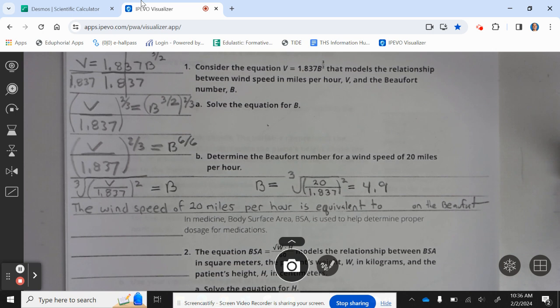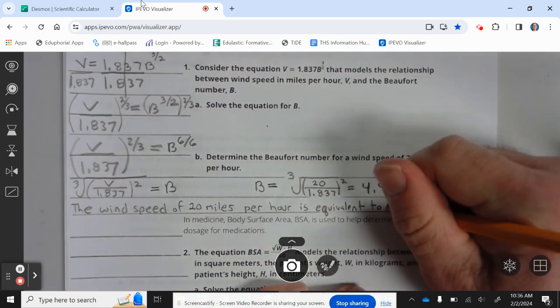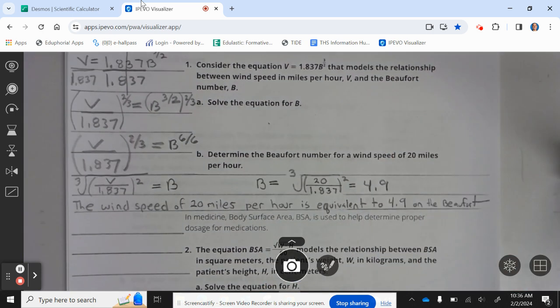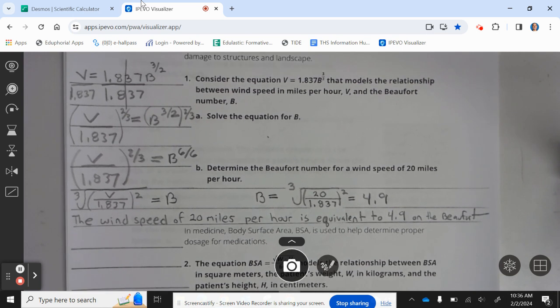The wind speed of 20 miles per hour is equivalent to 4.9 on the Beaufort scale. All right, go ahead and finish that up.